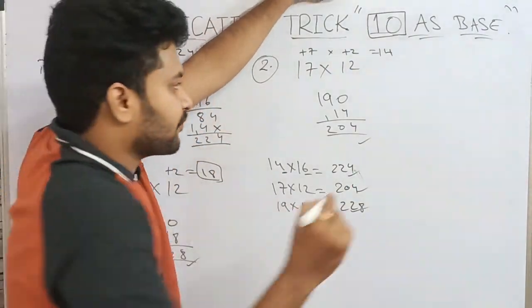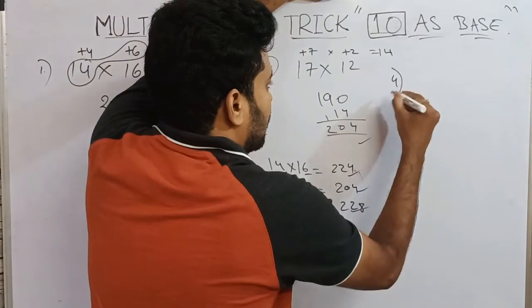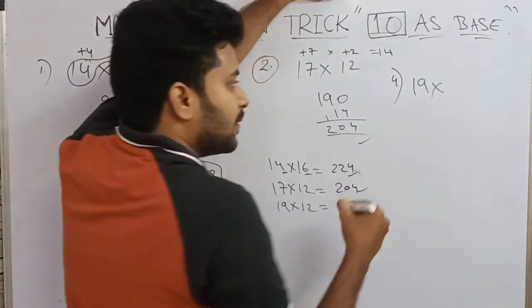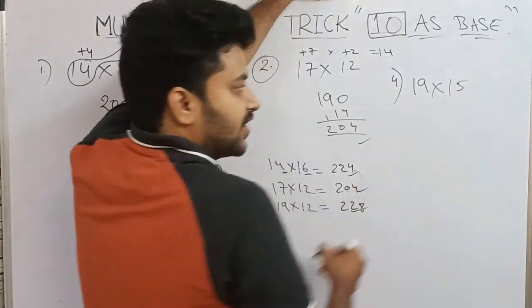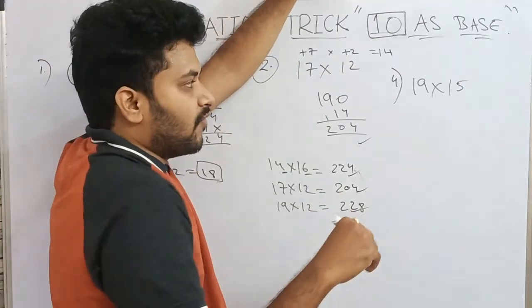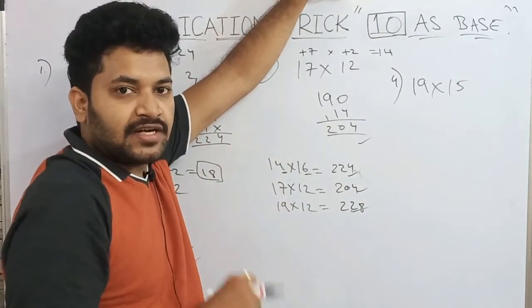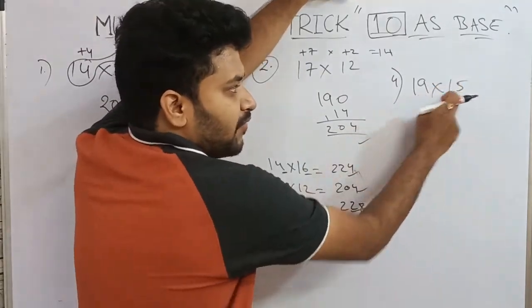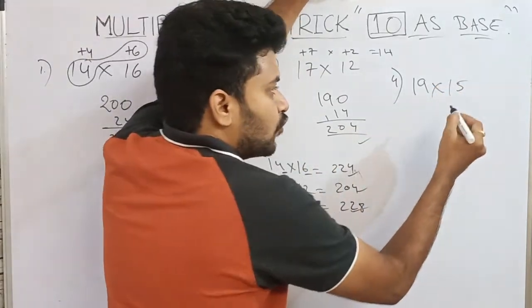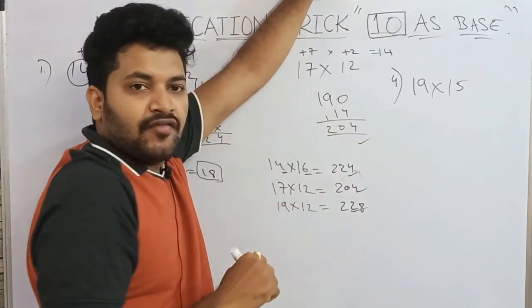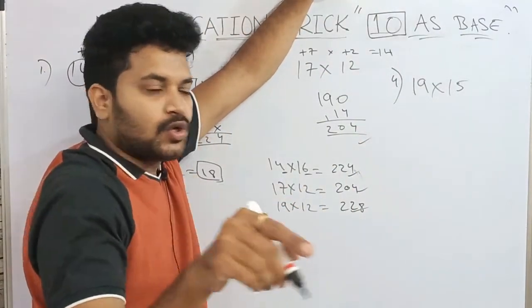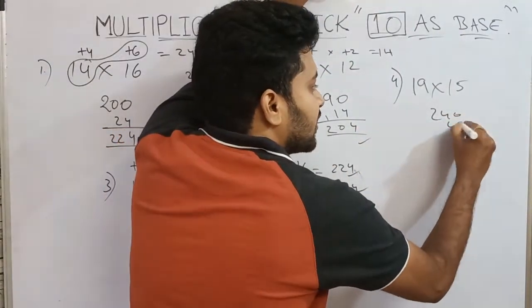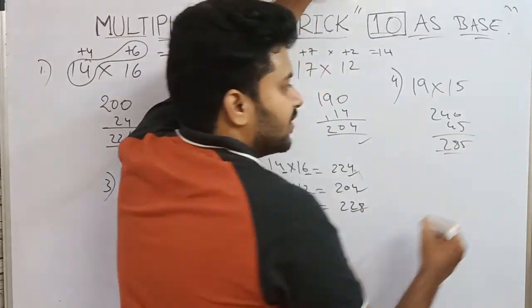Let us take 19 and 15. Let us do the fraction of a second trick. 19 plus 5 is 24, so 240. 240 plus 9 fives is 45. 240 plus 45 is 285.